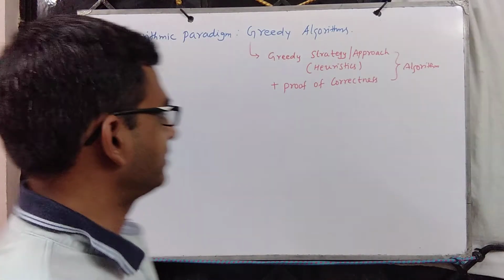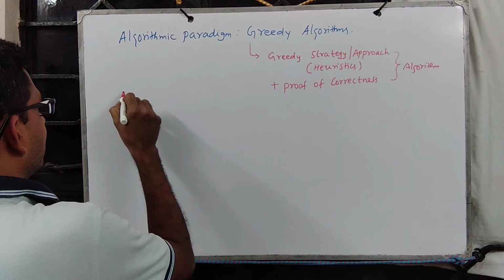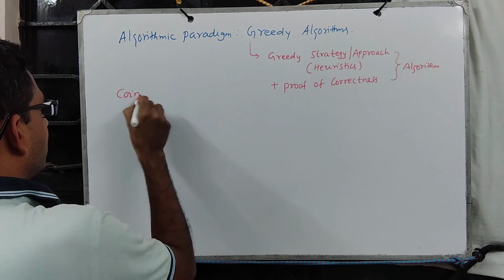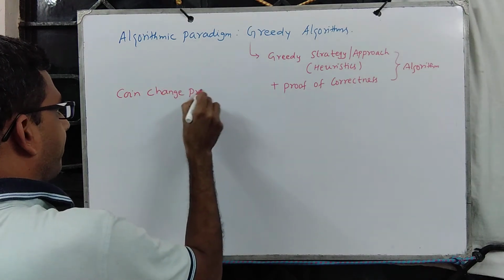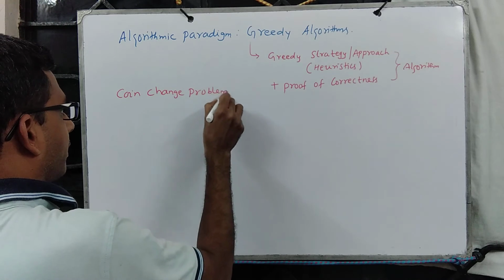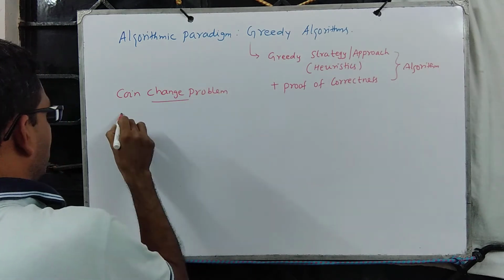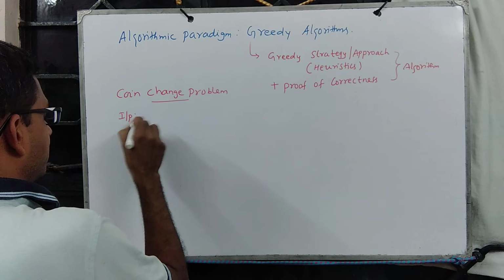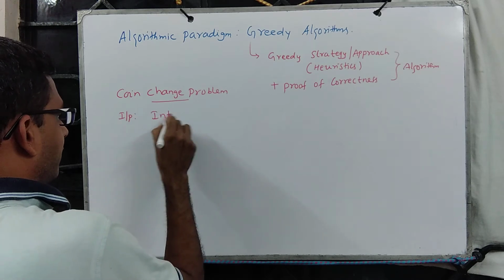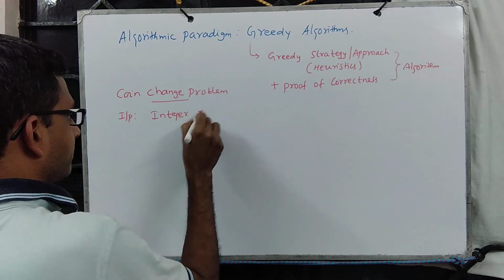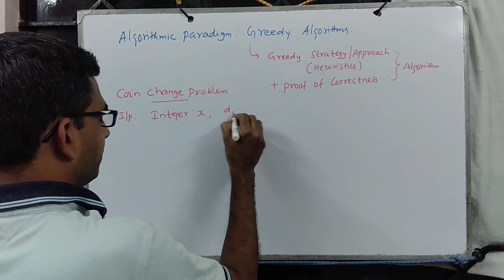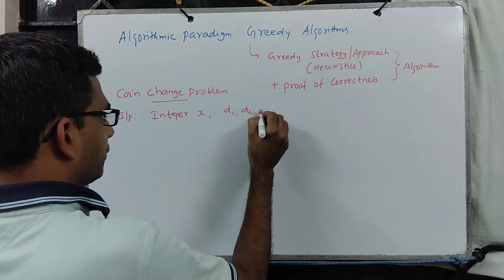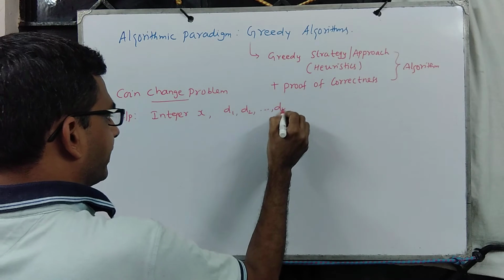Our first case study for discussion is the coin change problem. The input consists of an integer x, and you are also given denominations d1, d2, and so on up to dk.